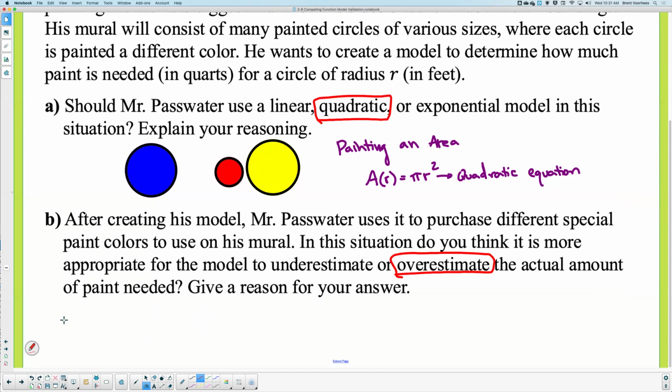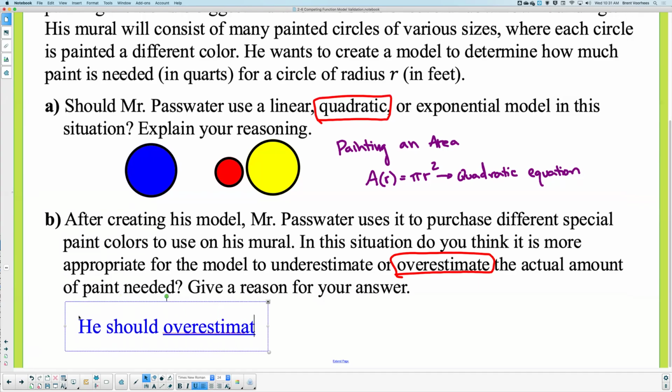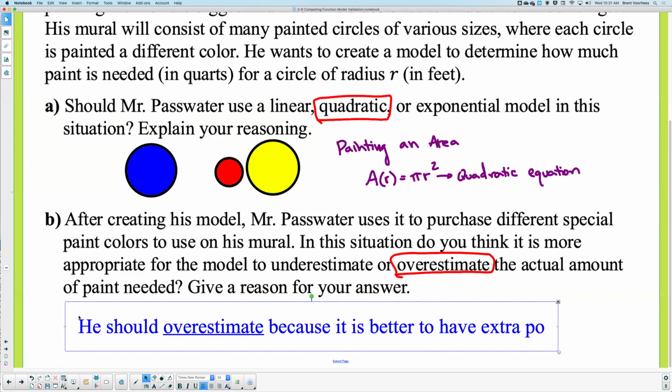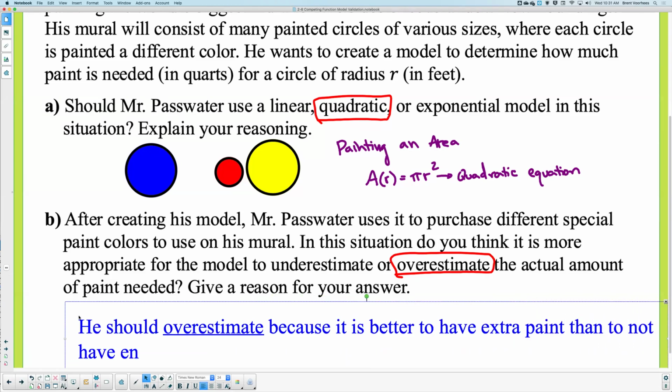I like what Miriam said. We need to overestimate. I should say he should overestimate because, as Miriam said, it is better to have extra paint than to not have enough to finish the mural.